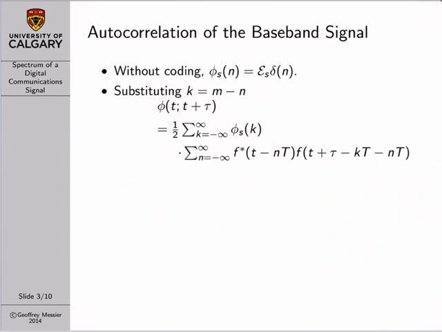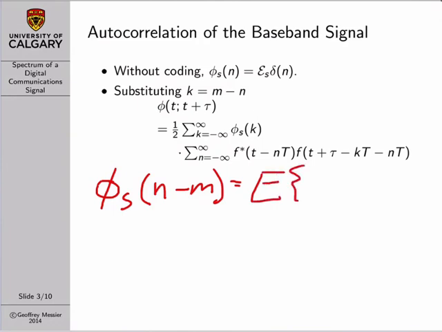Now, if the delta function is equal to 1, that means that we're correlating the same symbol. So remember that our original expression was n minus m, which is equal to the expected value of Sn Sm. Now, if we are correlating a signal vector with itself, then the indices n and m are the same.